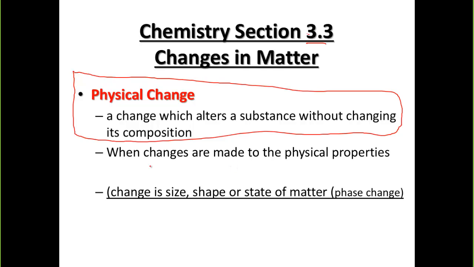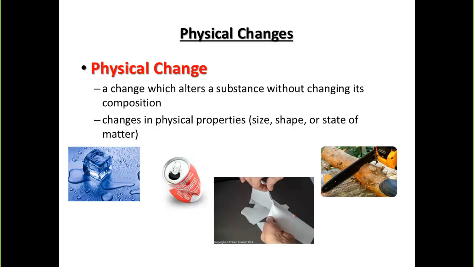One of the ideas is that changes are made to the physical properties. I'd like you to include the idea that it changes the size, the shape, or the state of matter, which is a phase change, but the material remains the same. So we can change the size or shape, like if you crush a can or tear a piece of paper, or the state of matter.